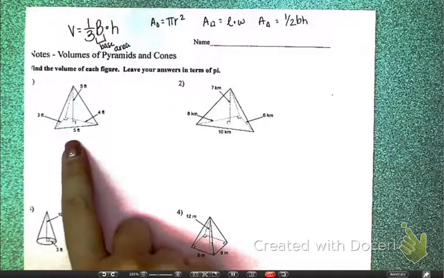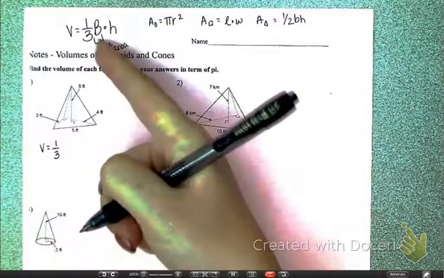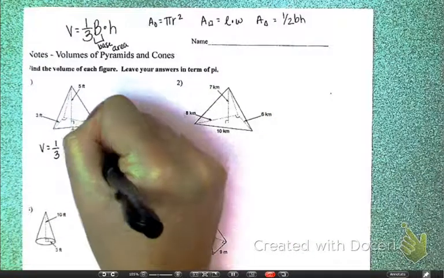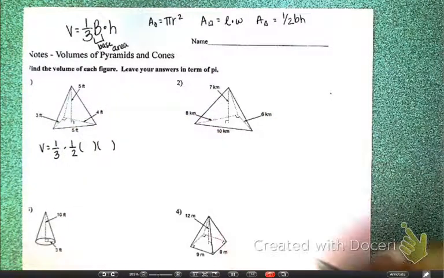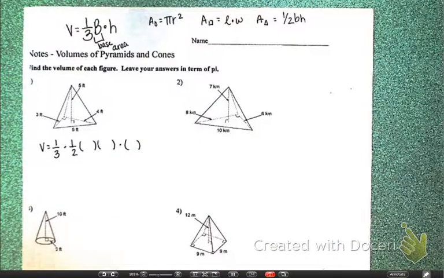What shape is the base of this pyramid? A triangle, right? So we know we're going to use 1/3. That base area is my triangle base area, so 1/2 the base times the height, and then it will be times the height of the whole thing. What are the base and the height of this triangle? Again, it creates a 90-degree angle. What two sides create a 90-degree angle for that triangle only? 4 and 3. Does everybody see that?